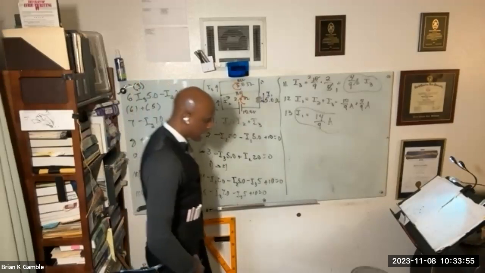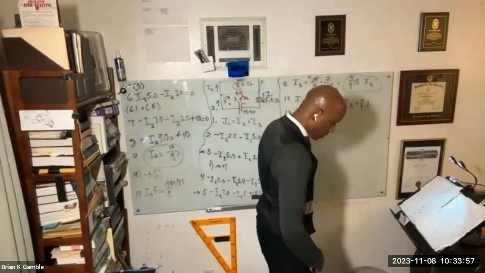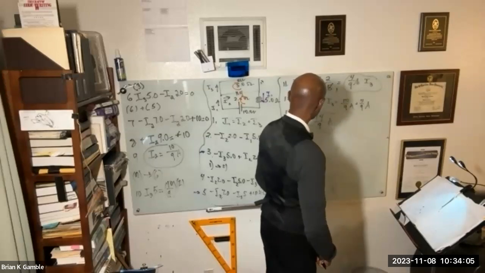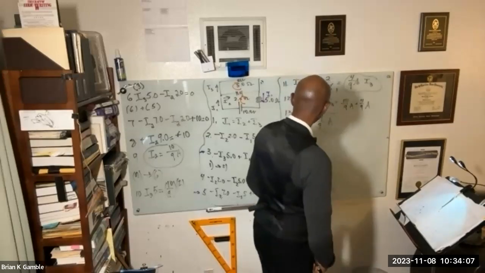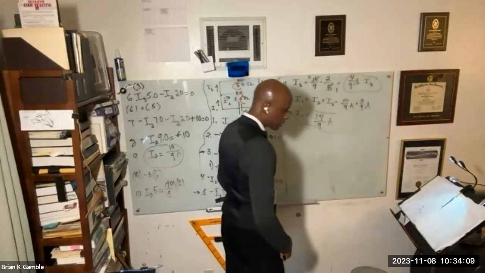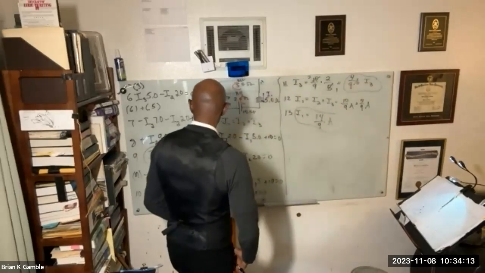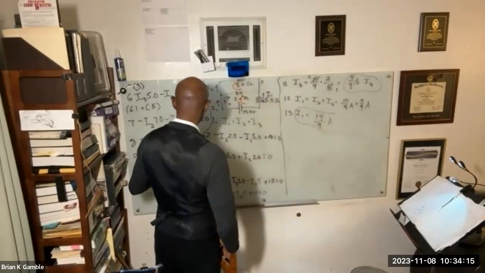And so we can see how it's going to tweak based on flipping it around. So right now we have I1 is 14 ninths, I2 is 10 ninths.